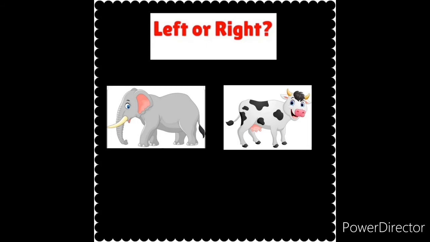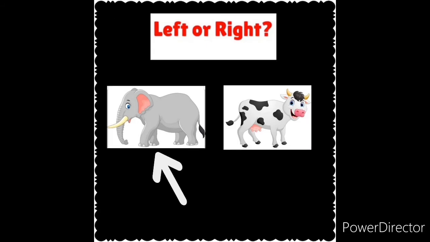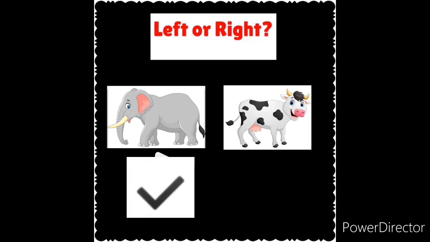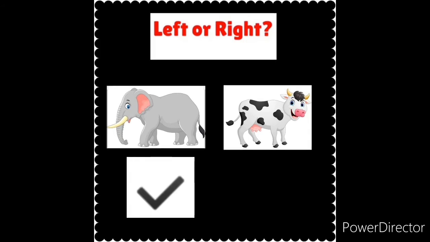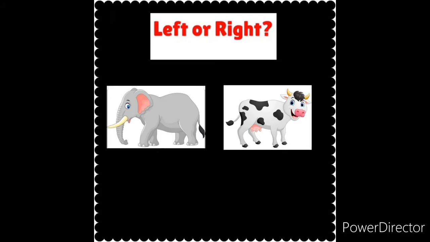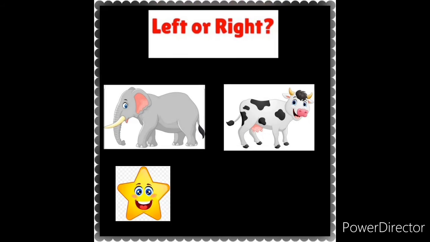Now tell me, is the elephant on the left side or on the right side? Yes, correct. It is on the left side. Yes. So now I am giving you a star. Happy?